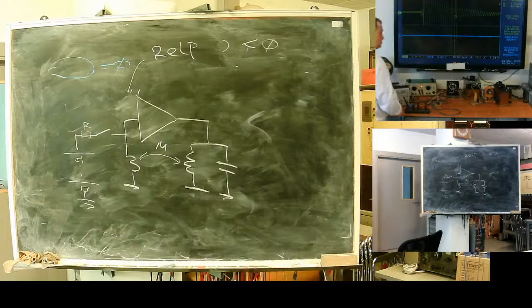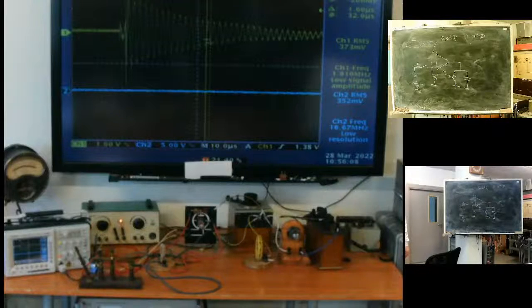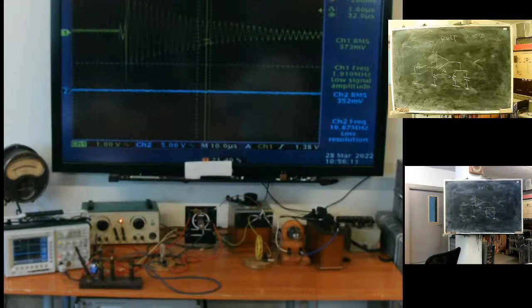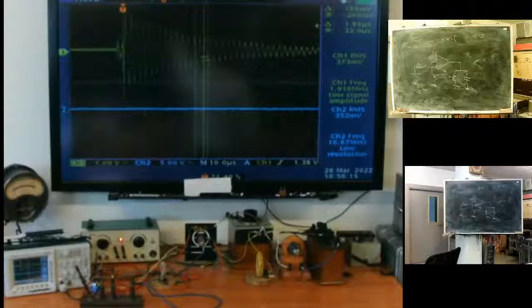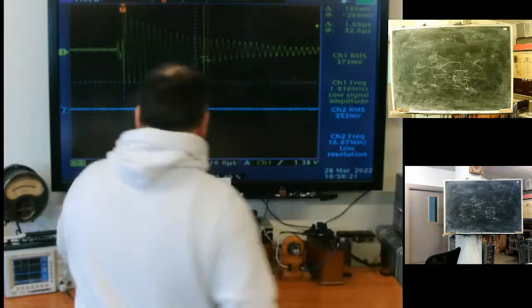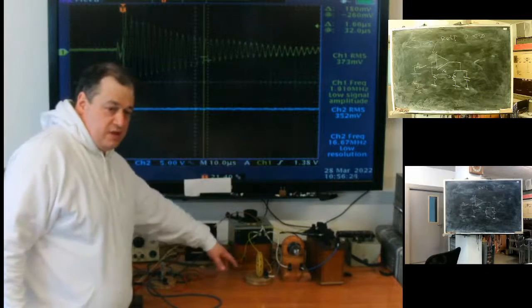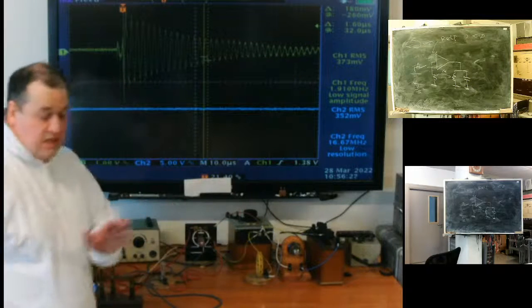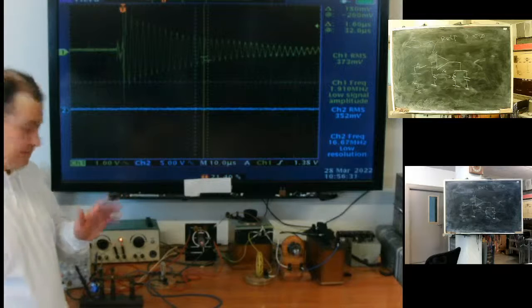One more. And I'll switch. Here is one coil, another. Coupling is weak. Now the system has no return.